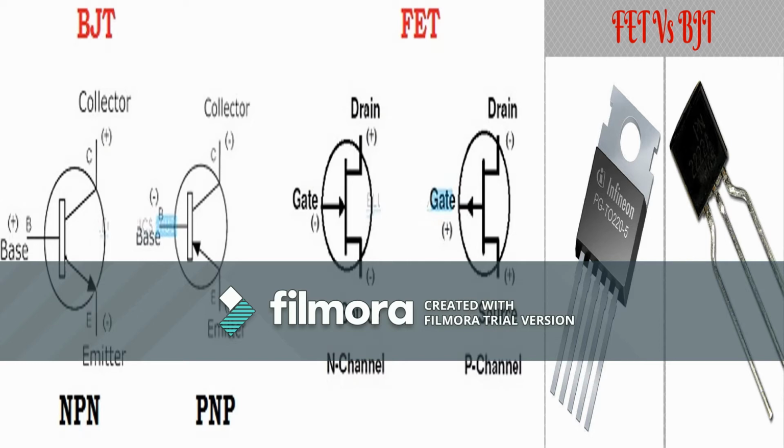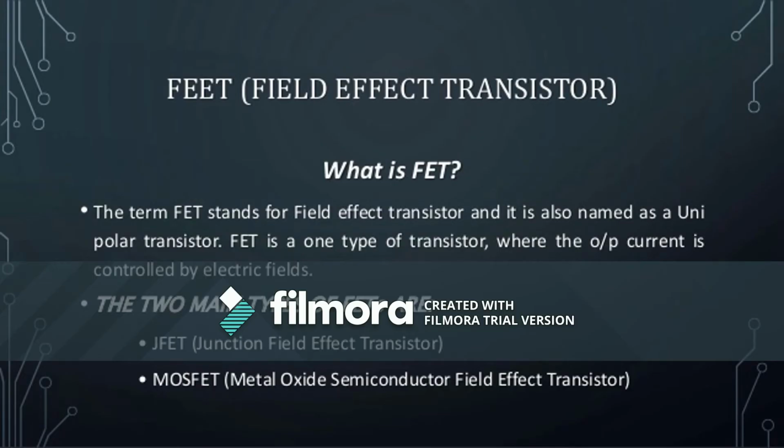Over 1 million transistors were manufactured, and by 1957 annual production had increased to 29,000 units.